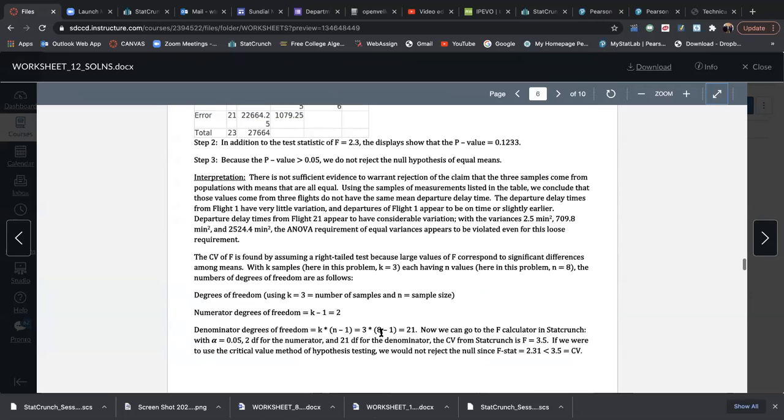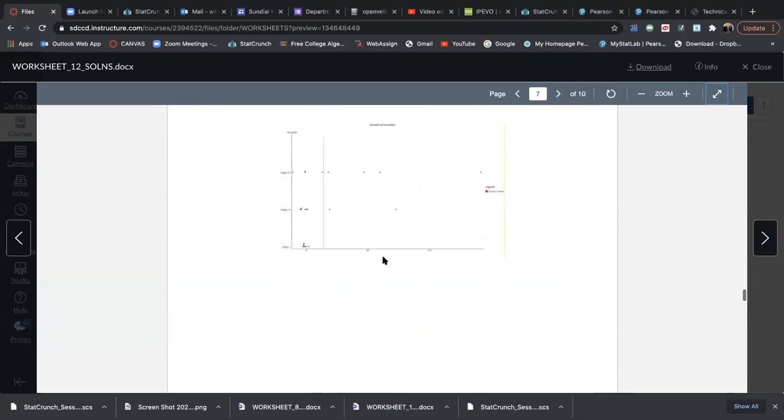Okay. And do I have the dot plot here? Yeah, here's the dot plot. And what happens here is that you see large dispersions for flight 21 in delayed departure times. Okay. And even though the sample mean for the delay times is not that far off, it'll get pushed out a little bit because of the dispersion.